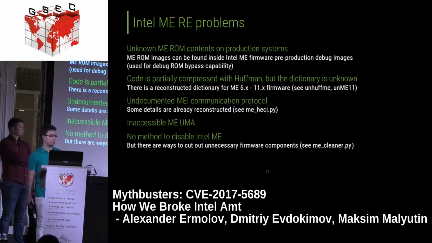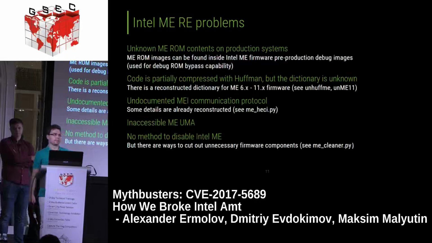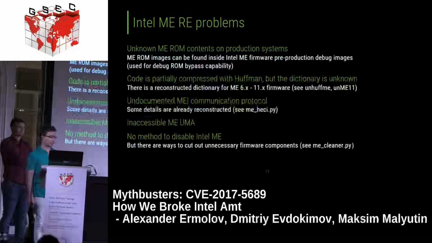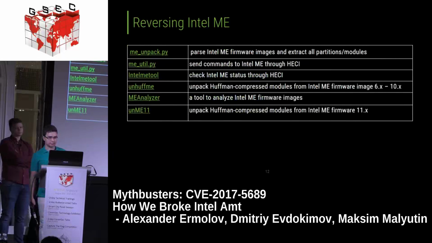The ME UMA memory is still inaccessible for us, and an open source society has created a patch to disable this hidden and stealth environment, but there is no stable method to do this on our systems.